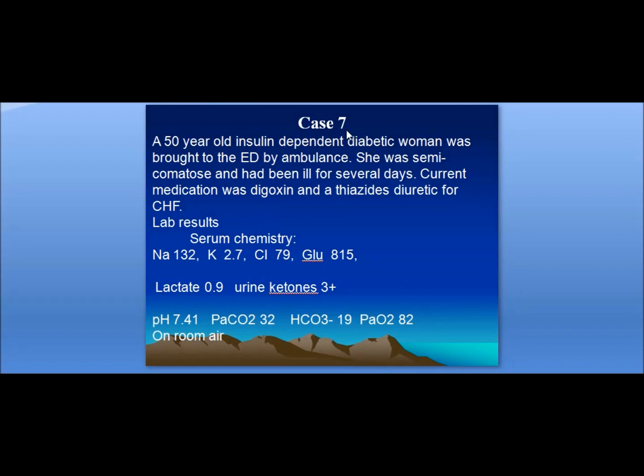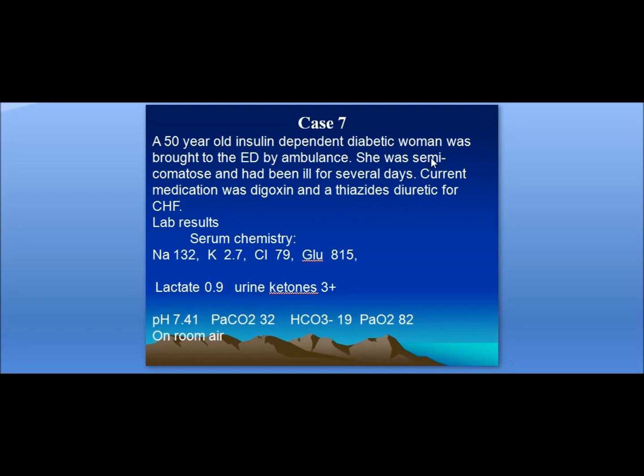Case number 7. A 50-year-old insulin-dependent diabetic woman was brought to the emergency department by ambulance. She was semi-comatose and had been ill for several days. Current medication was digoxin and thiazide diuretics for congestive heart failure.